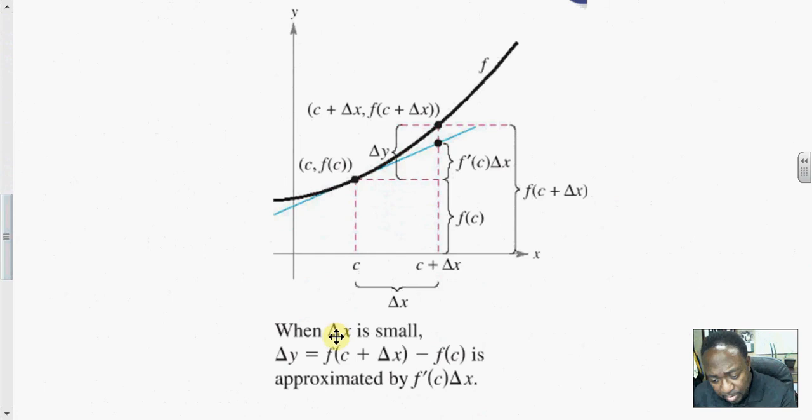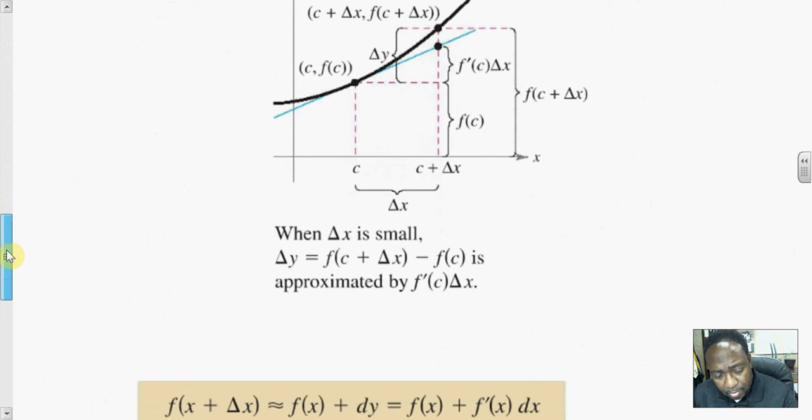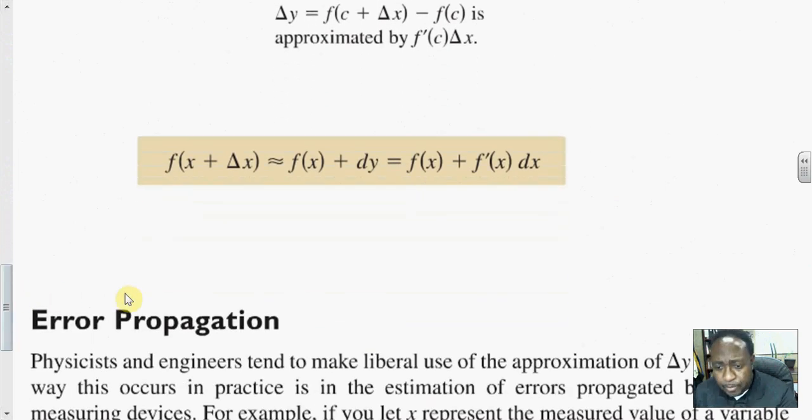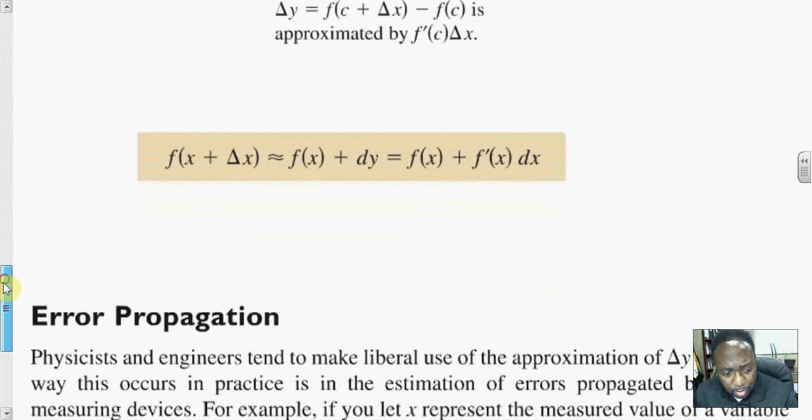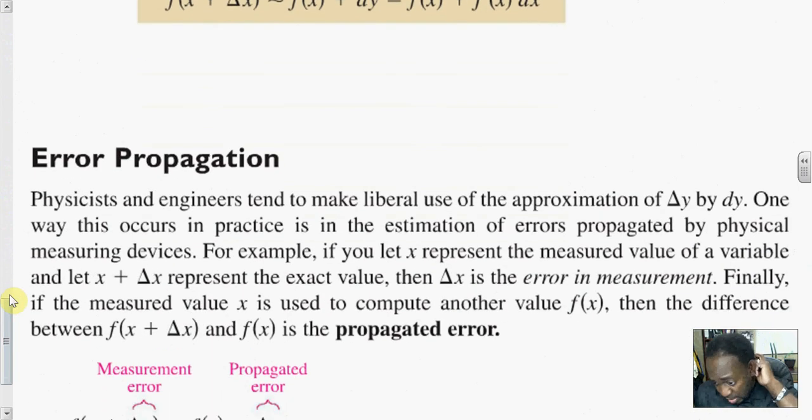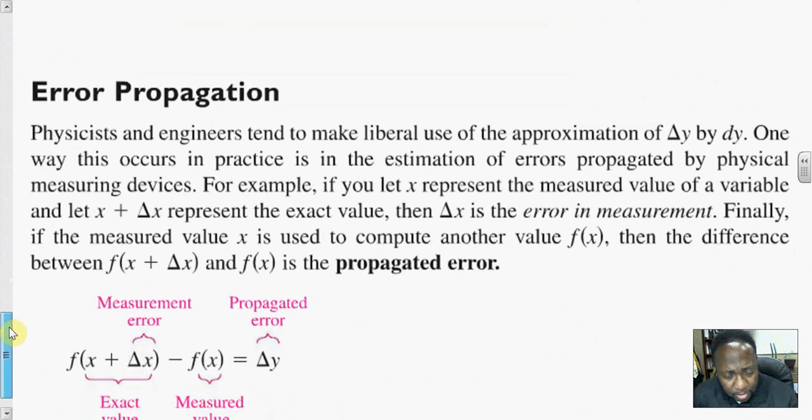Again, like we said in the beginning, delta x is a very small movement. Likewise, hopefully, the same should occur for delta y. Now, they have some formulas here. We will derive all of these as we work some problems, and we'll show you how that works. It's very straightforward. And error propagation as well.